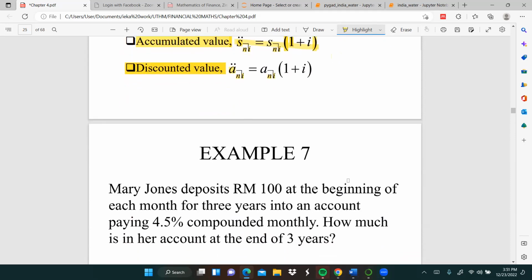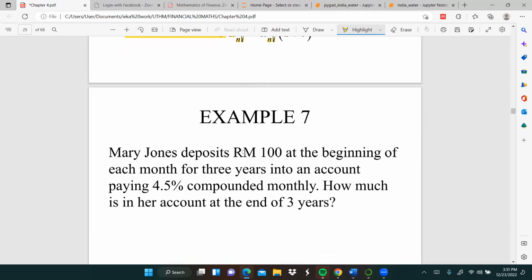Okay, so let's see. Mary John deposits RM100 at the beginning of each month for 3 years into an account paying 4.5% compounded monthly. How much is in her account at the end of 3 years? So it's compounded monthly. It means that we need to divide the 4.5% by 12.